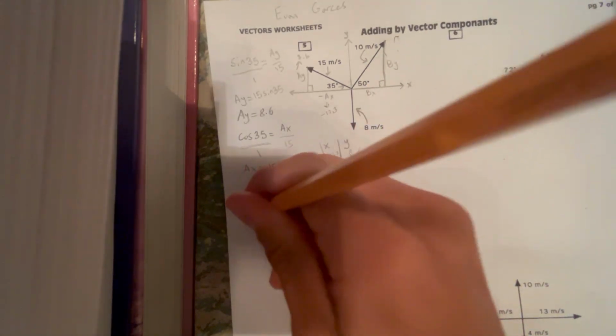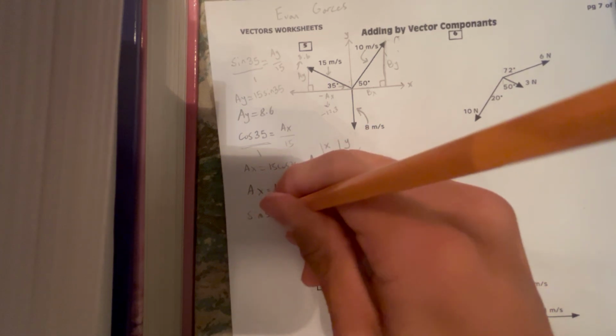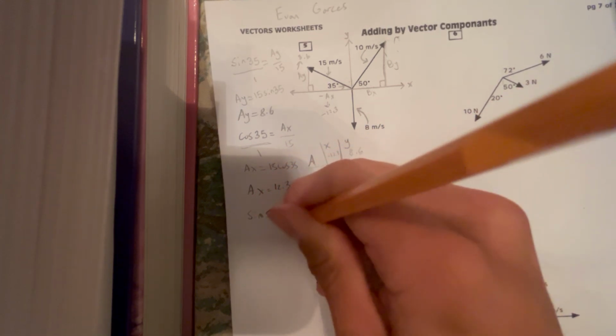We're going to do the same exact thing. I'm going to go a little bit faster this time. This time we're going to use 50, and across from 50 is B of Y, and the hypotenuse is 10. Opposite over hypotenuse is sine, so sine 50 equals B of Y divided by 10.